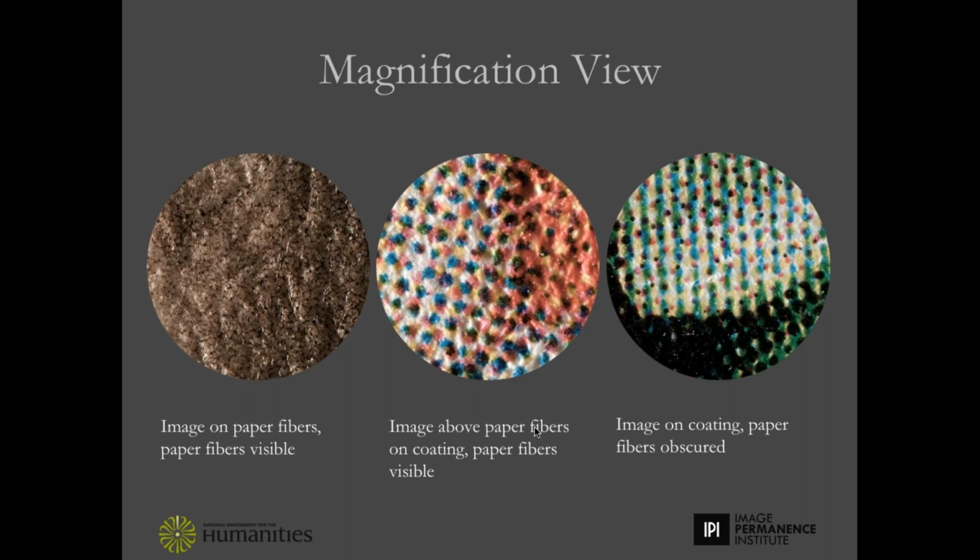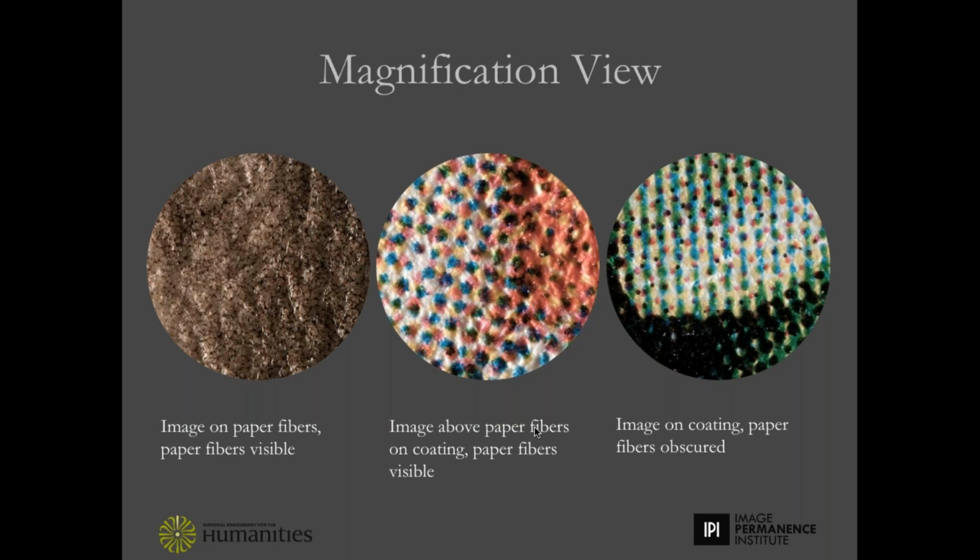In photomechanical and digital prints, the image material, the ink, is applied to the paper support, so the image is really on the paper. The paper may be uncoated, resulting in paper fibers that are visible, with the image more superficial and on the paper. Coated supports may have a thin coating that is either clear or pigmented, but the paper fibers will still protrude.